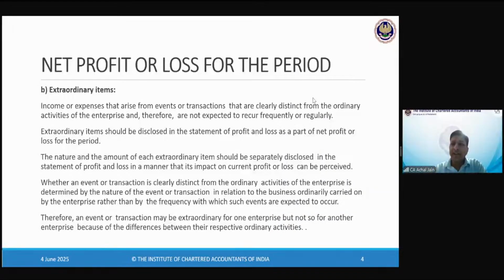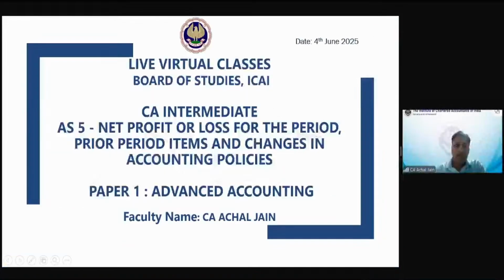So let's do a quick recap of some of the areas that we covered. In relation to net profit or loss for the period, there are three terms we discussed. One is profit from the ordinary course of business, that is, from the activities in the normal course of the business.